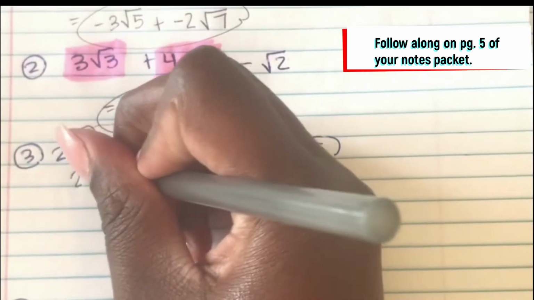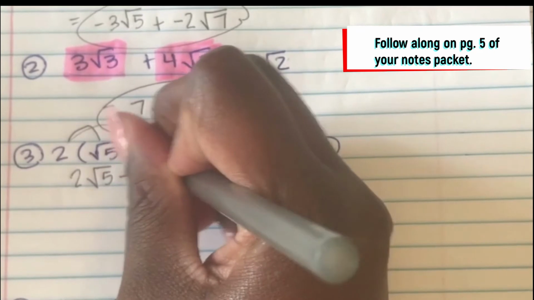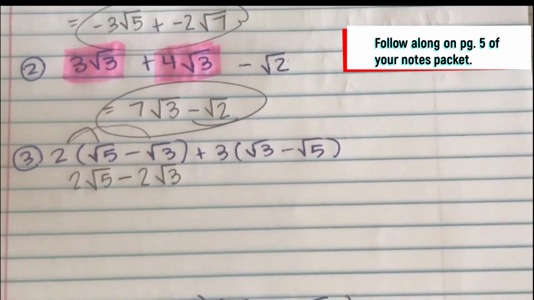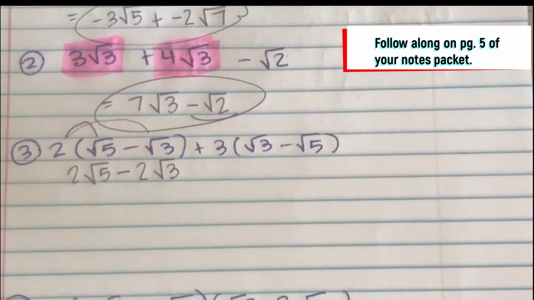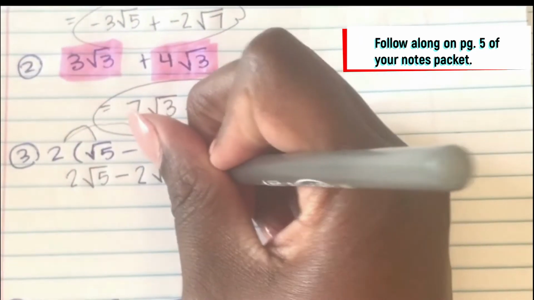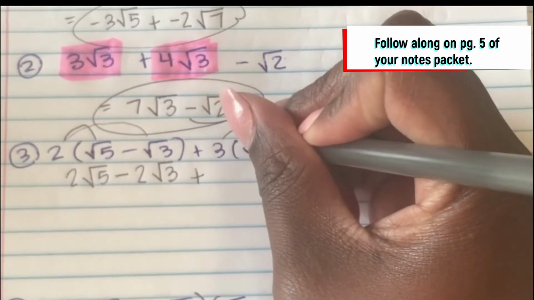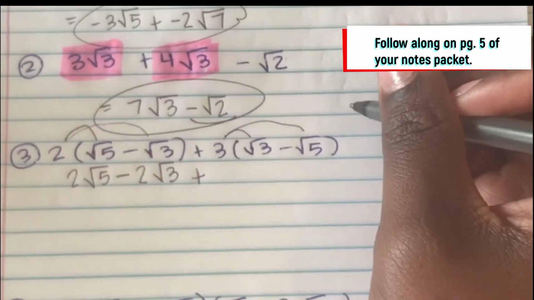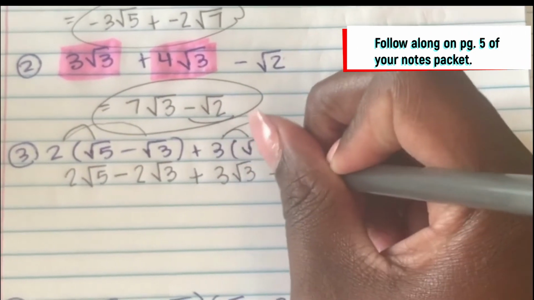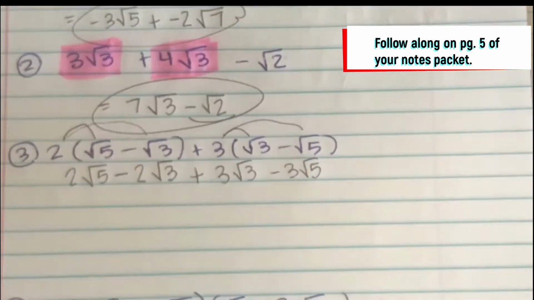And that would just be negative 2 times the square root of 3. Now we're going to multiply over here, distributing this guy. This is going to be 3 times the square root of 3 and negative 3 square root 5.